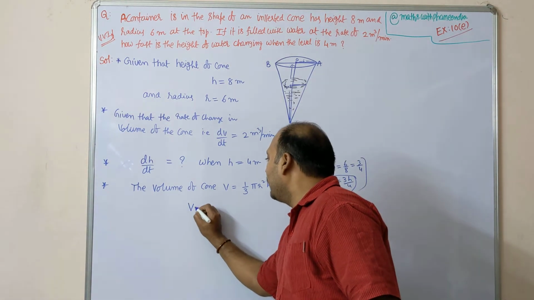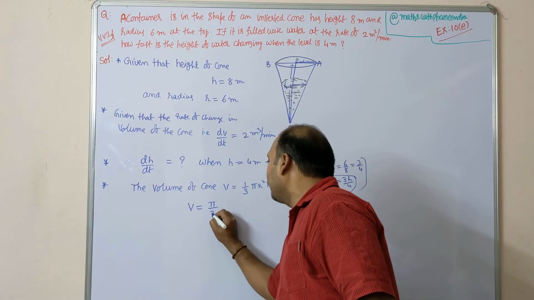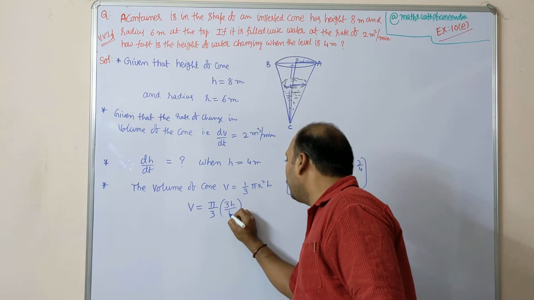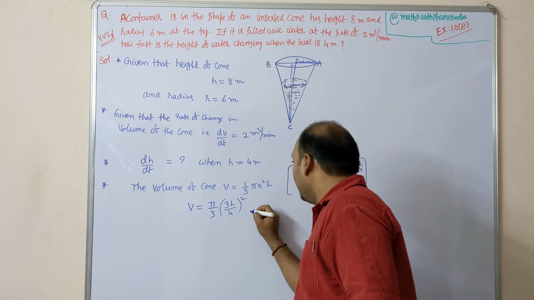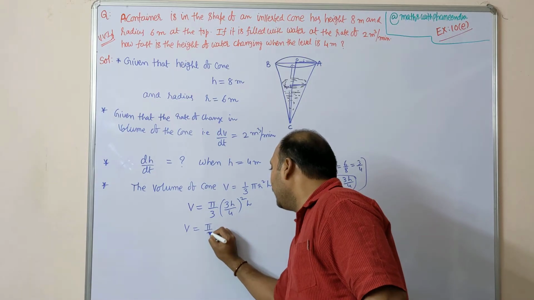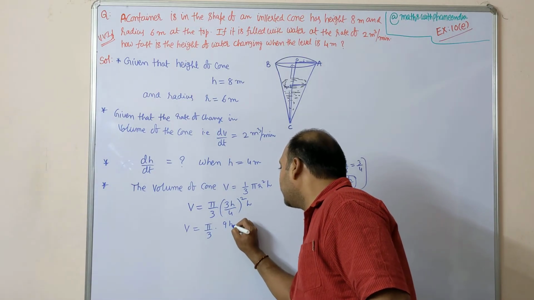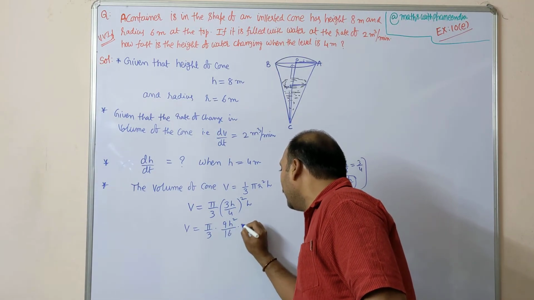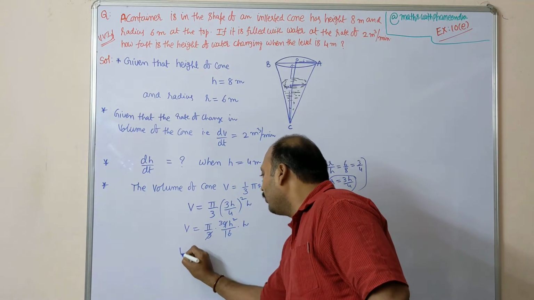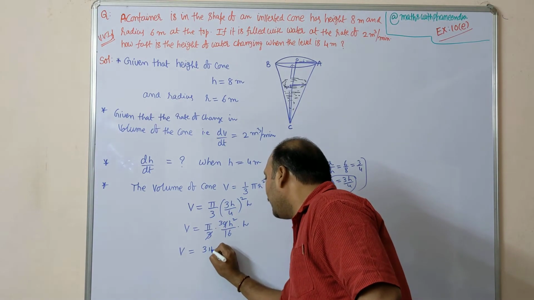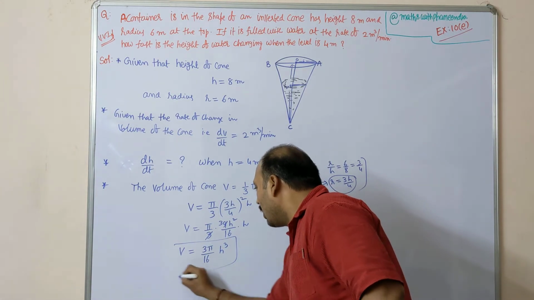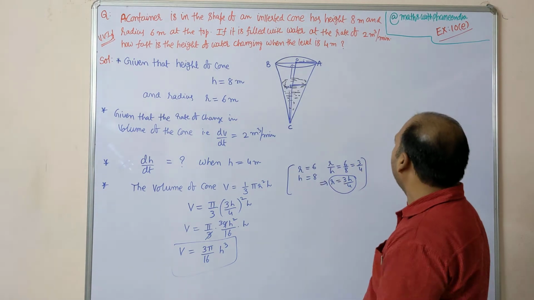So volume V equals pi by 3 into (3h by 4) whole squared into h. V equals pi by 3 into 9h squared by 16 into h. 3 ones are 3, 3 threes are 9. So V equals 3 pi by 16 into h cubed. This is the volume of the cone in terms of height.